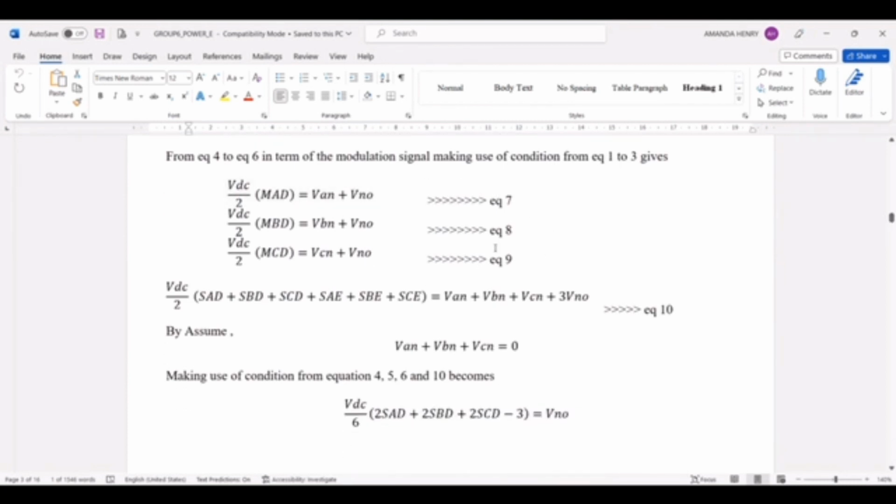From these equations 7, 8, and 9, we can combine them to get a total, so that it will be equation 10.